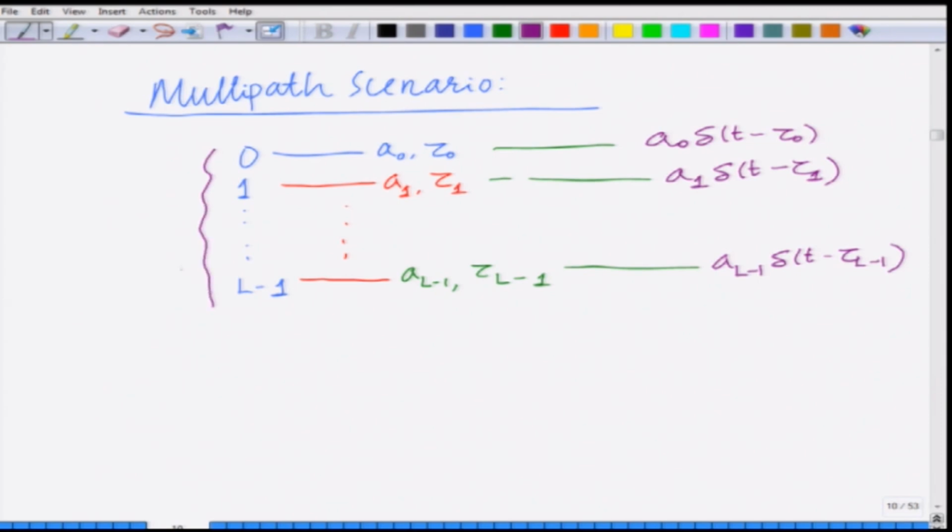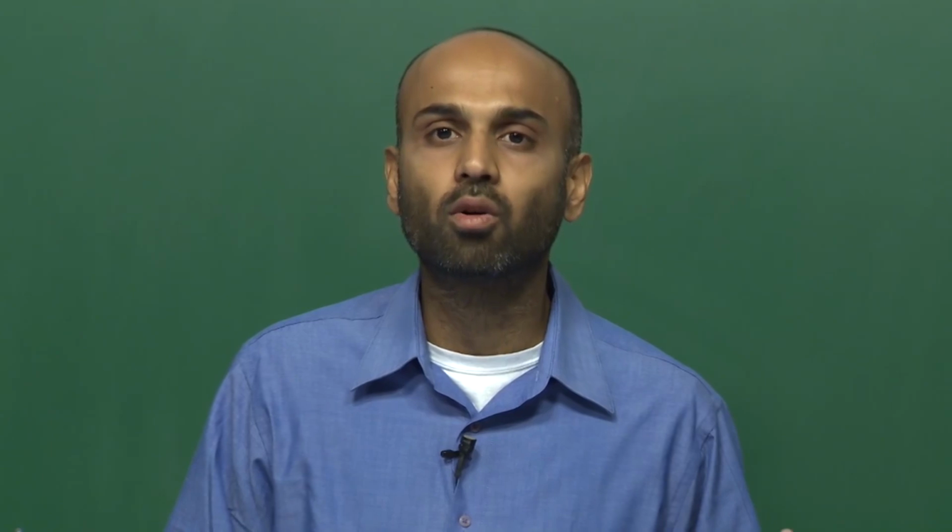Remember, the received signal is a superposition of all the signal components. Therefore, the multipath channel response h(t) is a sum of all these individual responses corresponding to the individual components.